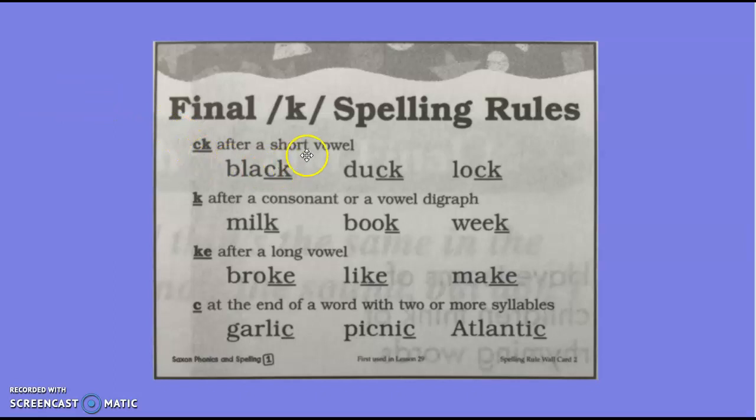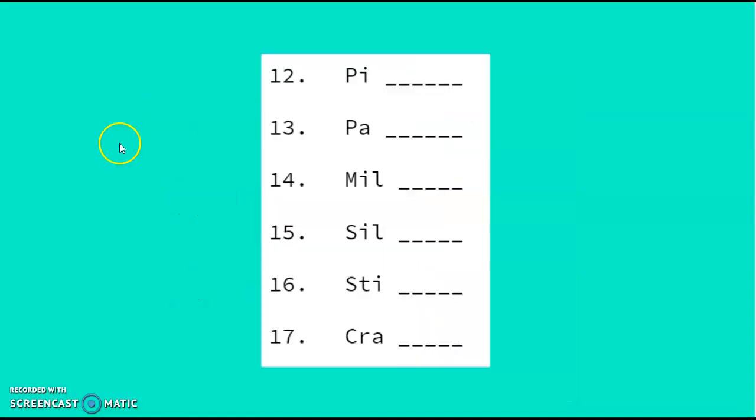It's a short vowel, which means we use CK. Put a CK on line 12. Line 13, pack. P-A-C. Is that a long or short vowel? Right. It's a short vowel, just like number 12, which means we put CK.